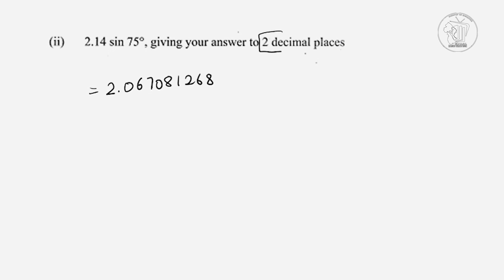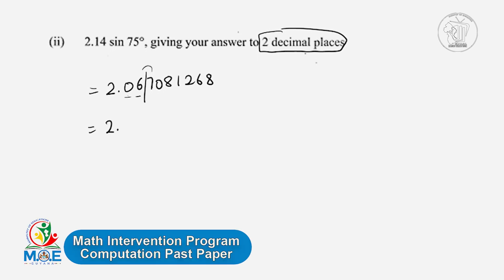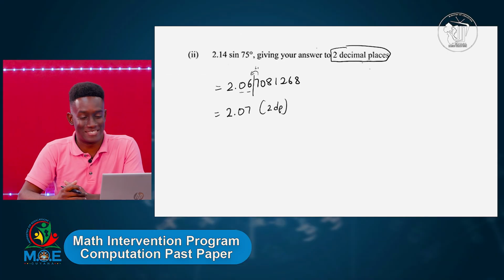They want the answer correct to 2 decimal places. So we count 2 numbers after the decimal point, 1, 2. And since this number is 5 or more, we add 1 to the previous one. So this will be 2.07, correct to 2 decimal places. And that is the answer there. As simple as that, 1 mark, nice and easy.